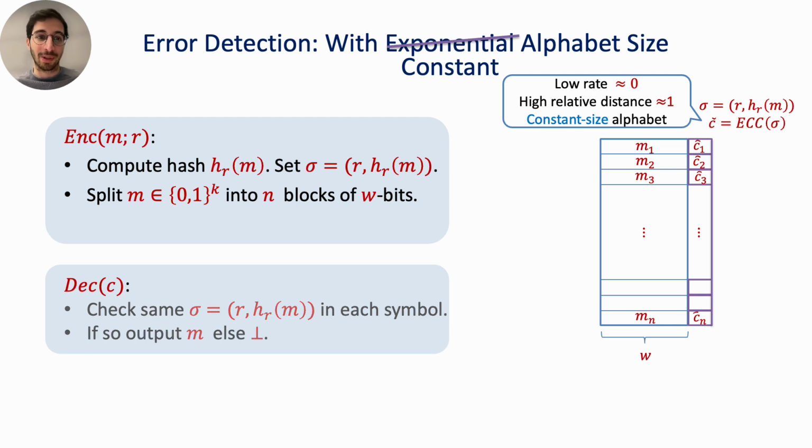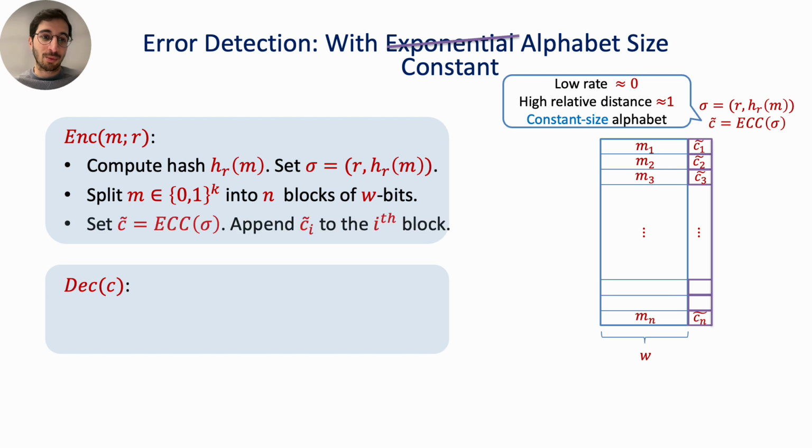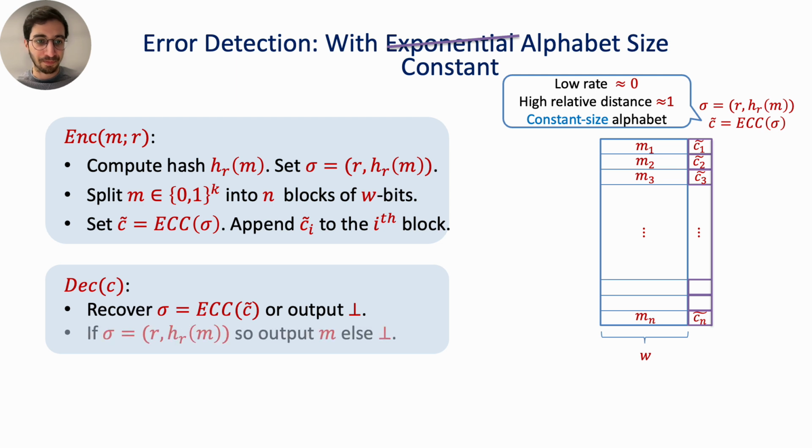So, changing what we had before, after encoding the hash, or the sigma, we take the ith symbol and attach it to the ith block. The decoding changes appropriately: we first try to recover the hash, or sigma. If when we try to recover we see that this is not a correct codeword, then we just abort.